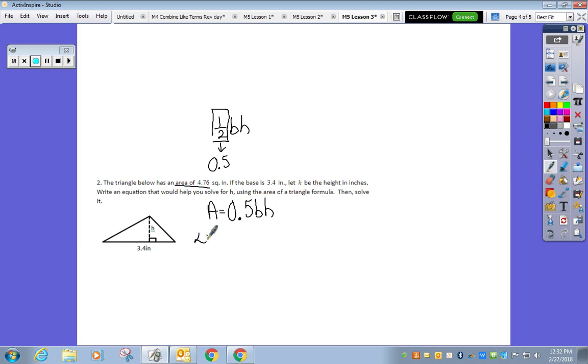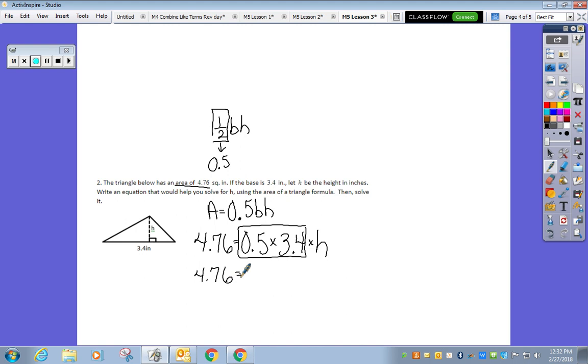Now I have 4.76 as my area. I have 0.5 for the half, times my base of 3.4 times the height, which is the unknown. So I'm going to start by multiplying where I can.